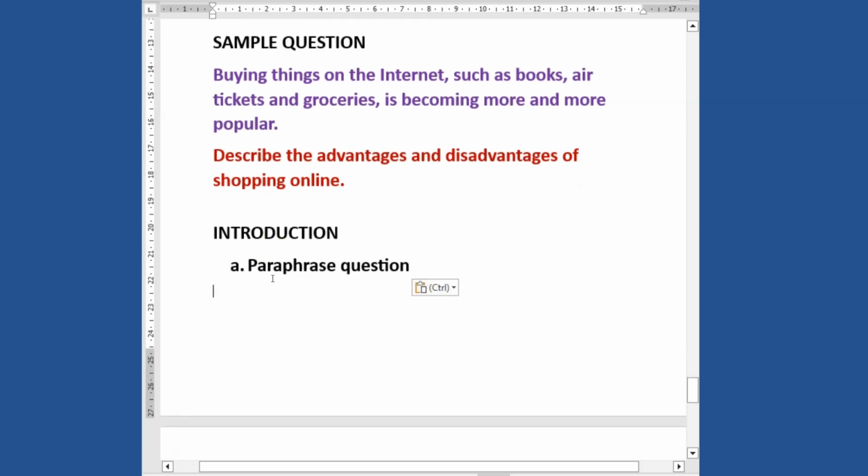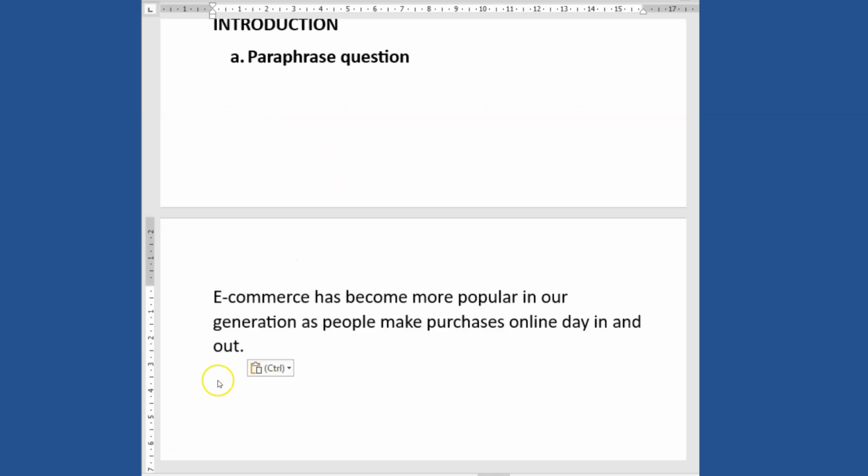In the introduction, we have to write our paraphrased question. Paraphrasing the question means that we're going to rewrite the question itself in our own words. The question stated that buying things on the internet, such as books, air tickets, and groceries, is becoming more and more popular, so we should describe the advantages and disadvantages of shopping online. How do we paraphrase this question?